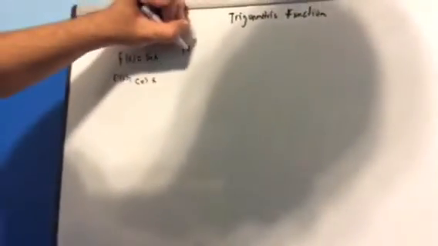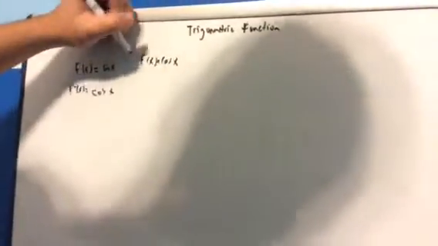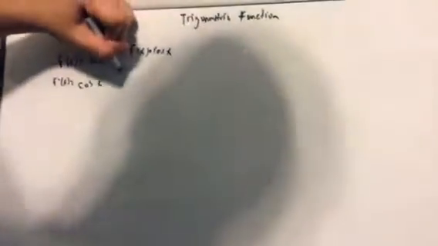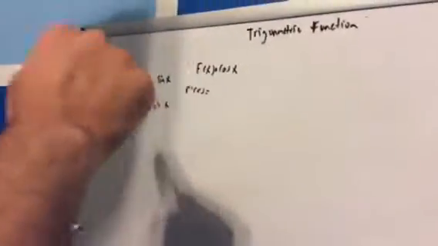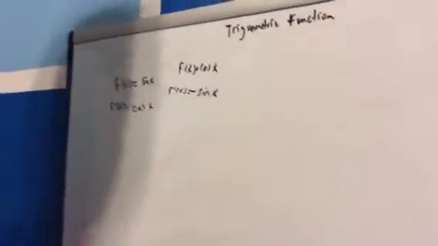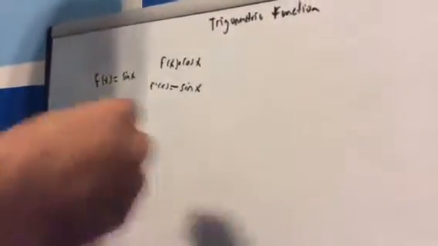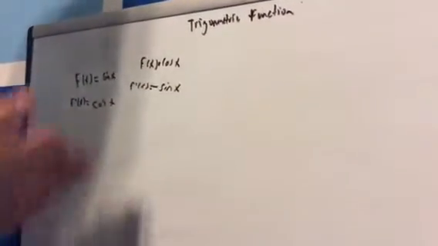And for the function cosine of x, you would expect the derivative to be sine of x, right? Because the derivative of sine of x is cosine of x. However, the derivative of cosine of x is negative sine of x. So one important thing to remember here is that just because one function is the derivative of another doesn't mean that the reverse works as well, as shown in this example.